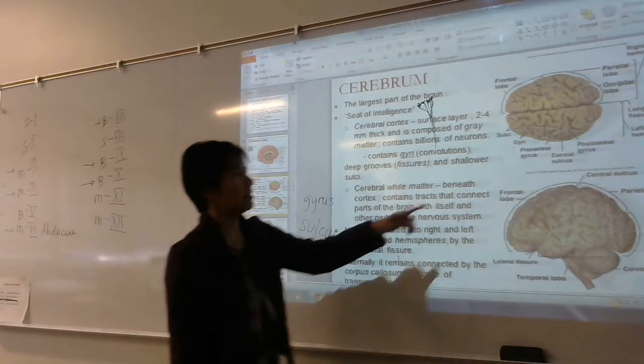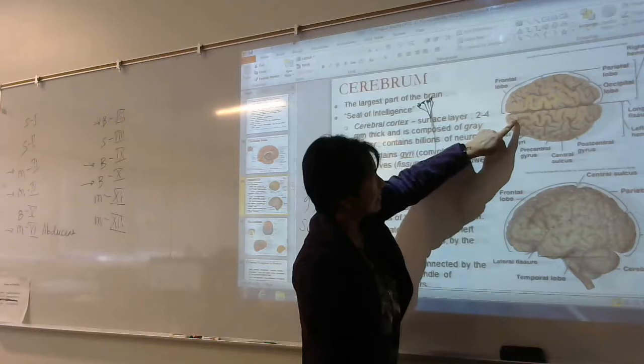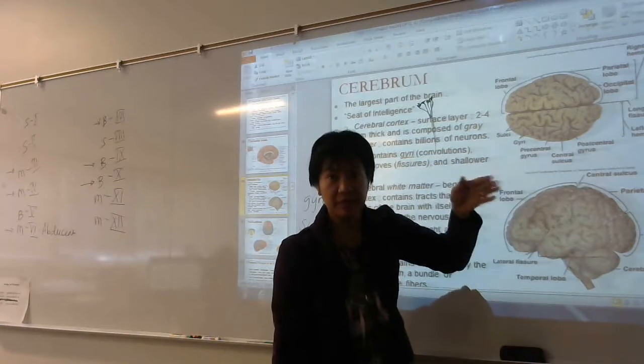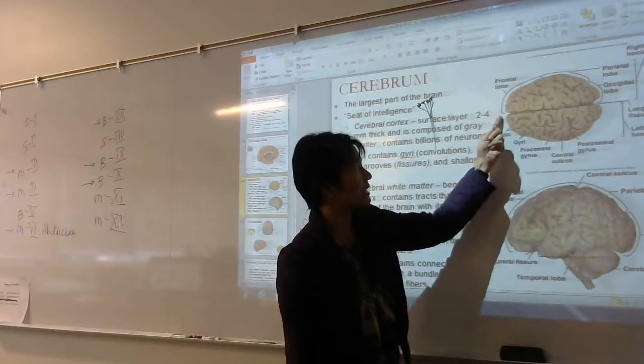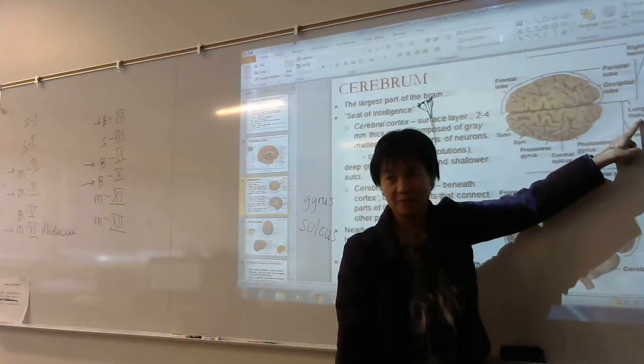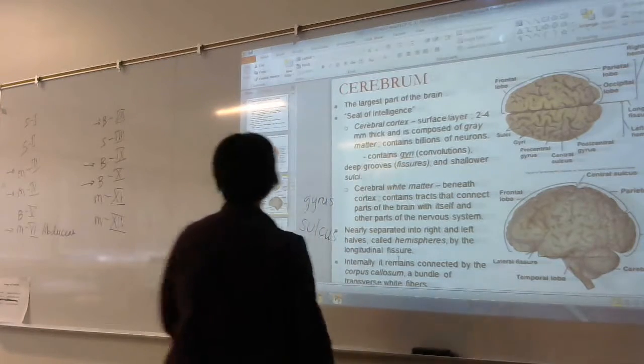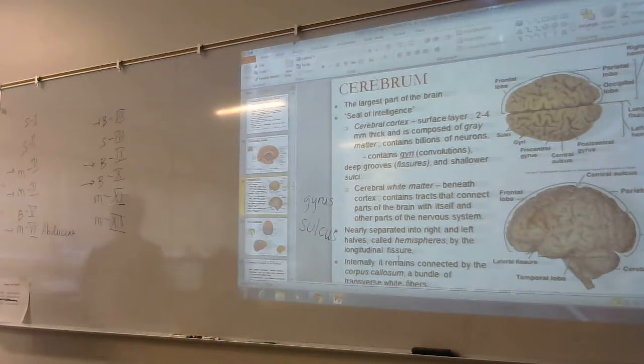There's your gyrus, the fold, and then the groove is called a sulcus if it's not that deep, and the deeper one is called a fissure. Okay? So let's look at now the different parts, the function of the different parts of the cerebrum.